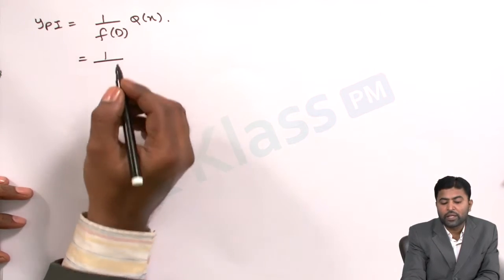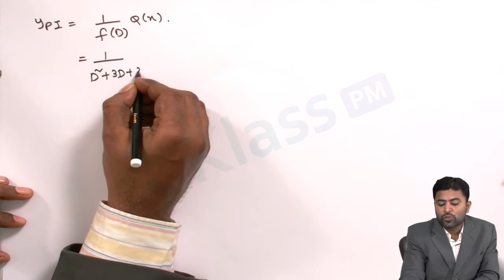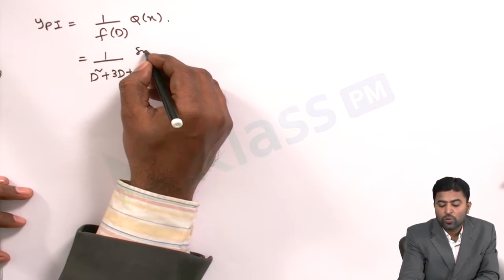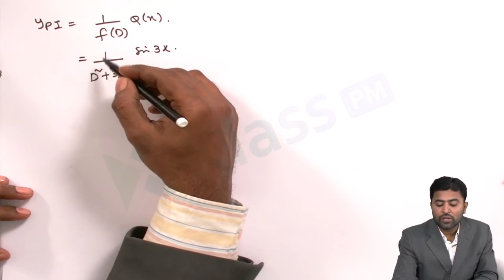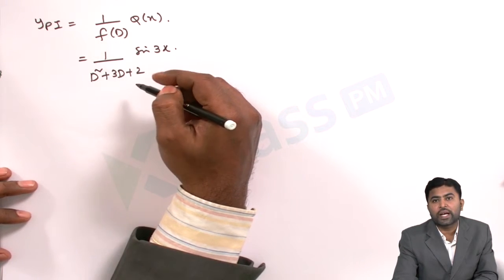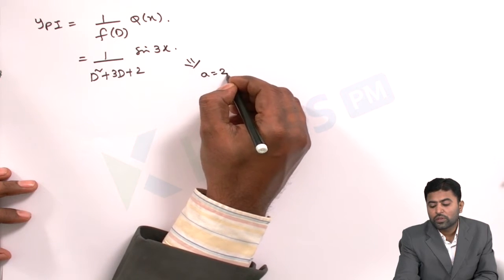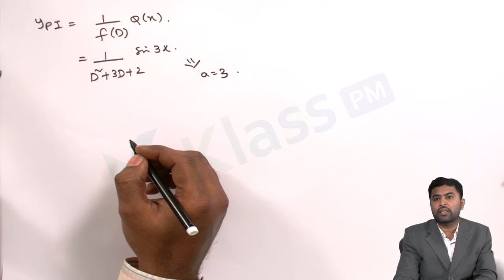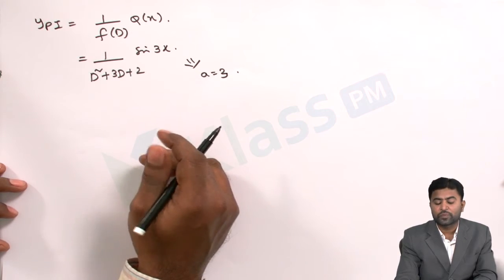YPI is equal to 1 by f of D into Q of x. So which is equal to 1 by f of D, which is D square plus 3D plus 2, into Q of x. Q of x is sin 3x. So this is of the form 1 by f of D sin ax. So here I can say that a is equal to 3. In place of sin ax, I have sin 3x. So a is equal to 3.